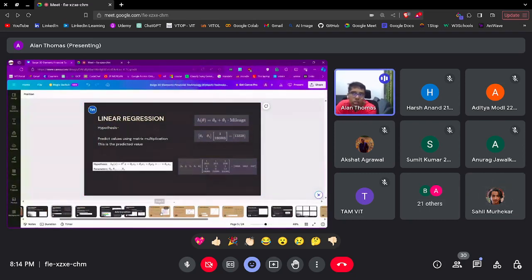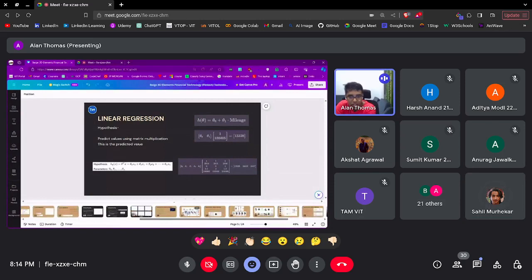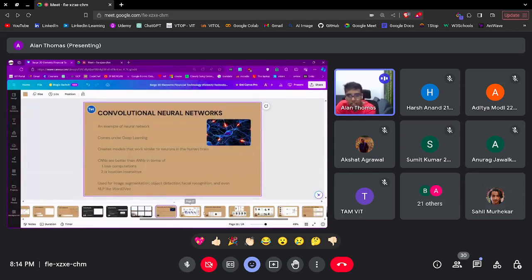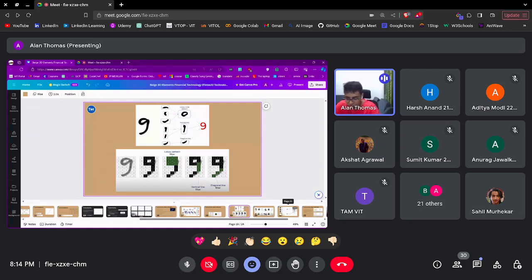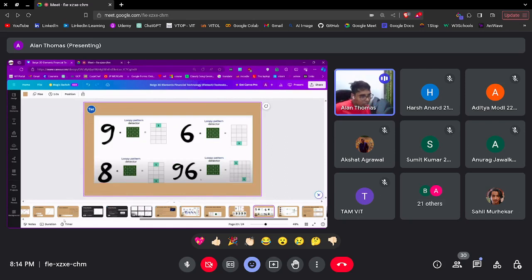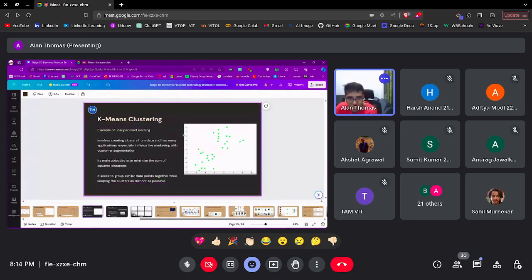Whatever the method may be, in both methods we are able to distinguish a group of clusters, no? Basically.